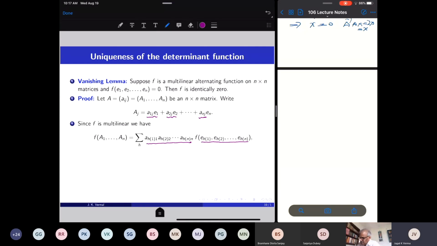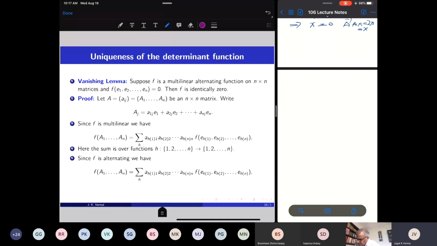But by the alternating property, whenever any of these column vectors are identical, f will be equal to 0 because it's an alternating function. So therefore, we can just focus on the terms which are bijections. Okay, these are bijections. So this h is a bijection of 1 up to n.